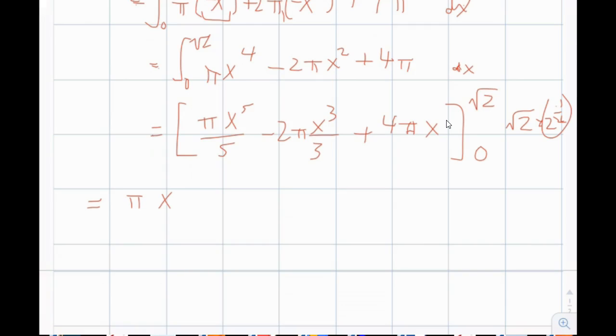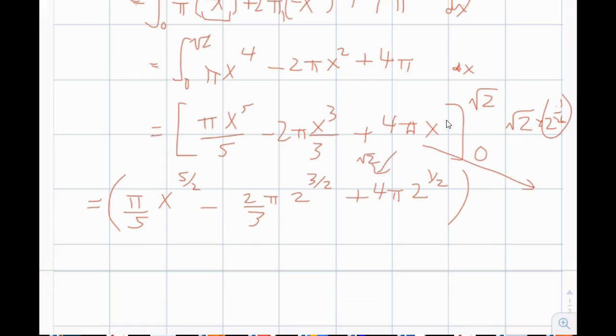So here we have x to the 1/2 to the 5th, so it would be x to the 5/2 over 5 minus 2/3 pi, and then x to the 3rd would be 2 to the 1/2 to the 3rd, so it would be 2 to the 3/2, and then we have plus 4 pi, and we have square root of 2, which is 2 to the 1/2 here.